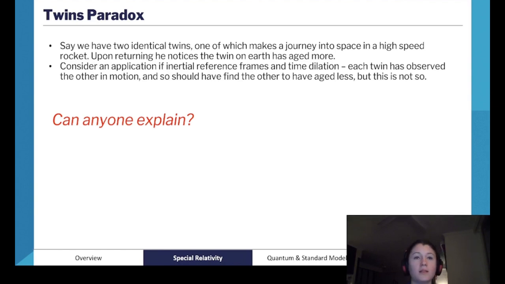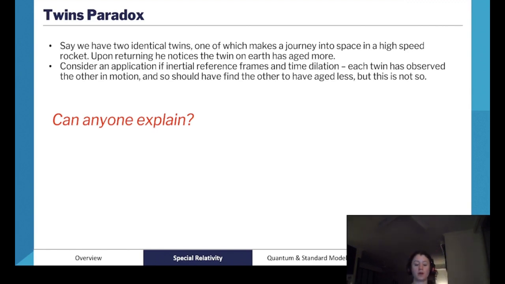So let's go through the twins paradox. Say we have two identical twins, one of whom makes a journey into space in a high-speed rocket. Upon returning, he notices the twin on Earth has aged more. Considering inertial reference frames and time dilation, each twin has observed the other in motion, so each should have found the other to have aged less, but this is not so.